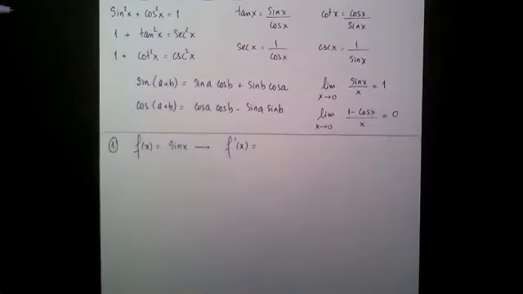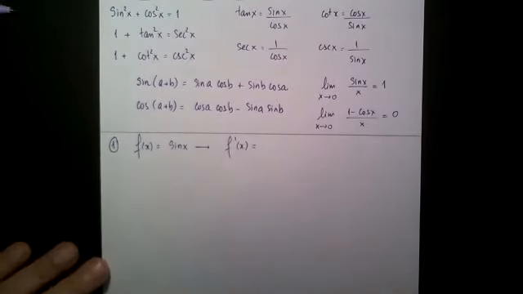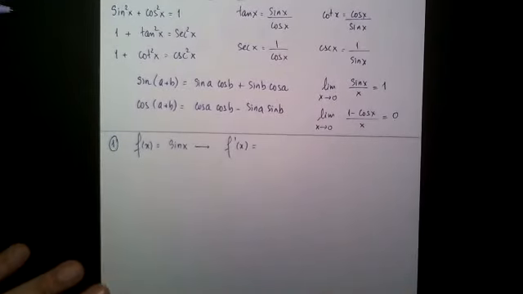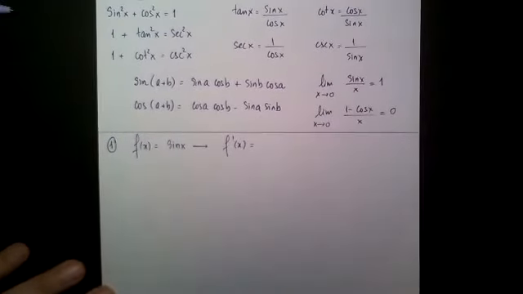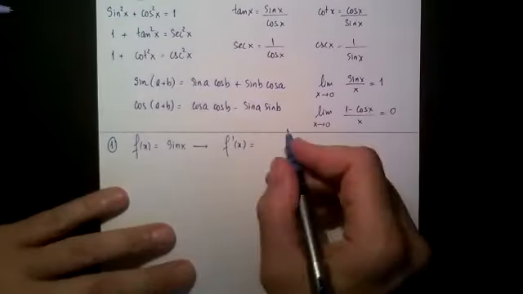You know what the derivative of sine of x is? Cos of x. Yeah, it's cos of x. Okay, perfect. The derivative of sine of x is equal to cosine of x.